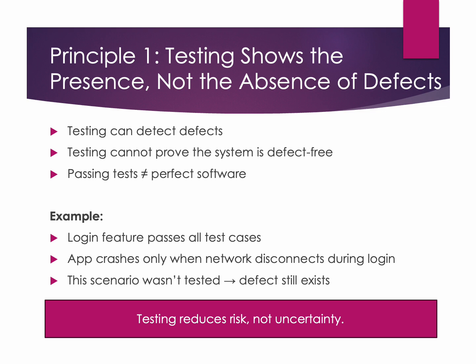Valid login works. Invalid login shows error. Looks good, right? But what happens if the internet drops while logging in? Or if the user is on an old browser? That's why we say testing reduces risk. It doesn't eliminate it.